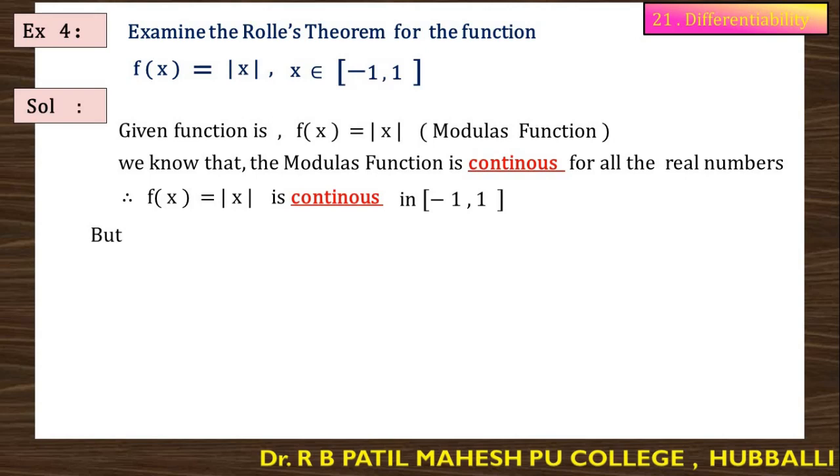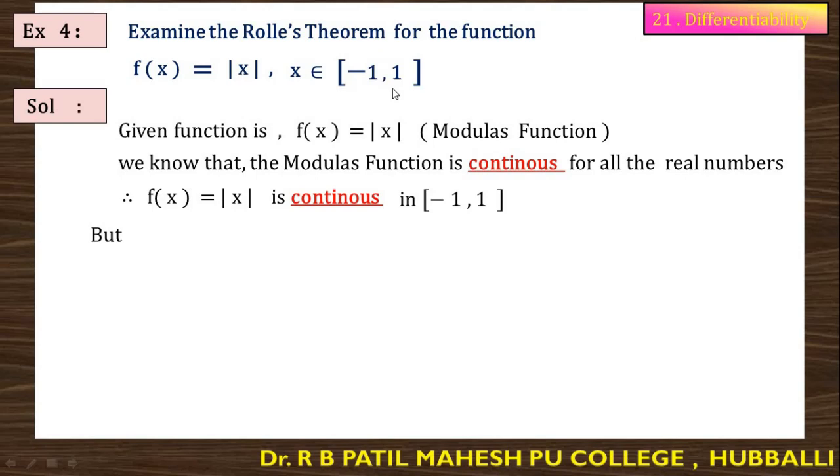But modulus function is not differentiable at the point 0. Okay, so this one you proved that in continuity topic, modulus function is not differentiable at 0 point, and that 0 point lies in open interval minus 1 comma 1.